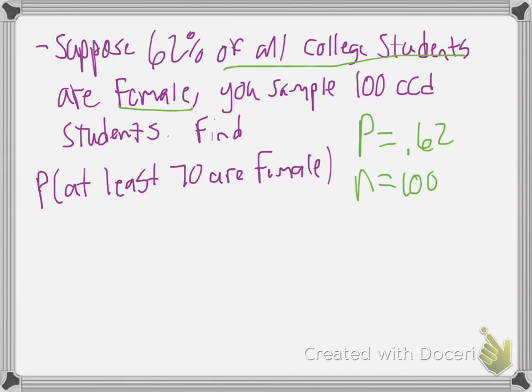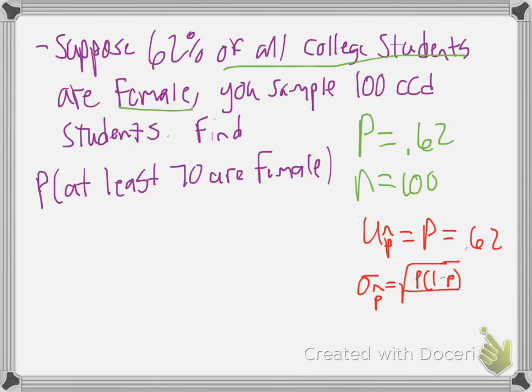Now remember, the central limit theorem tells us that the center of the distribution of p hats, the mean, is always equal to p. In this case, that's 0.62. But the standard deviation of the p hats is the square root of p times 1 minus p over n, which is 100.